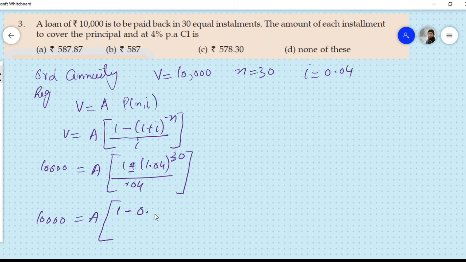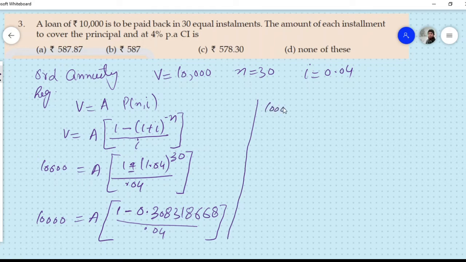After calculating this, the value of this is 0.3083186668, and it is divided by 0.04. So 10,000 is equal to A into 1.691681332 whole divided by 0.04.